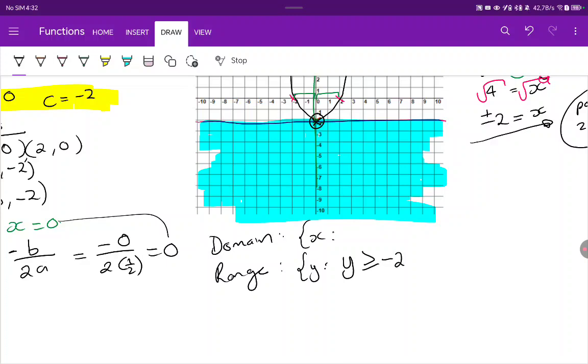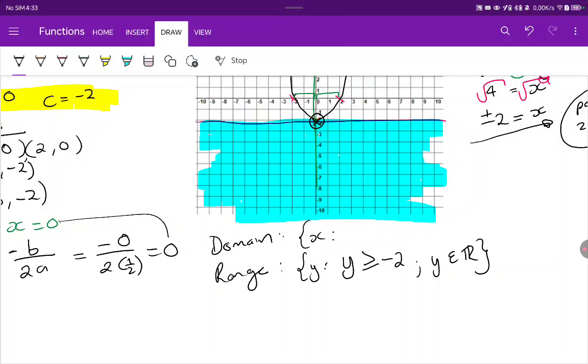That means that all the numbers from negative 2 upwards are part of this function. And all the numbers below negative 2, like negative 3, negative 4, negative 5, will never show up on this graph. I'm not done with the range. I also need to input that y is an element of all real numbers, because everything in between, the decimals, etc., are all a part of that.